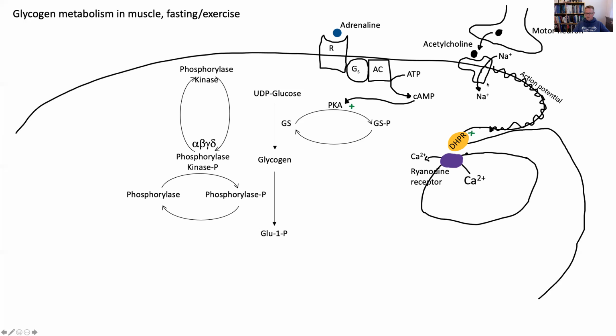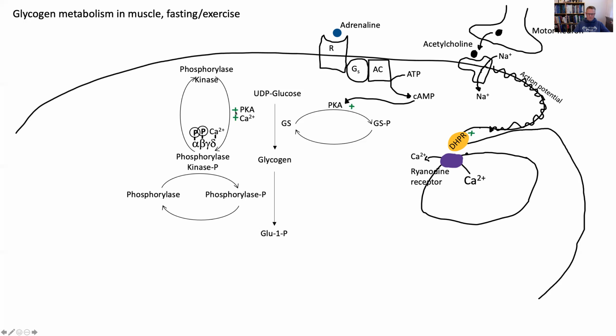So once we have the action potential and depolarization of the plasma membrane, this will lead to a release of calcium from the sarcoplasmic reticulum to the cytosol, leading to an increase of calcium in the cytosol. So along with the activation of protein kinase A and the increase in calcium concentration, we will see that phosphorylase becomes activated.